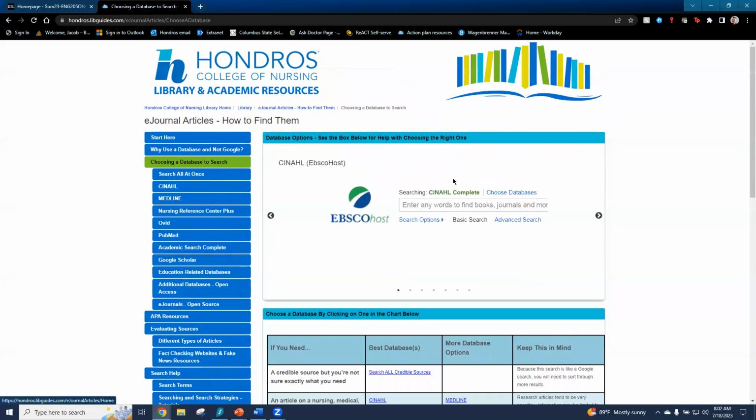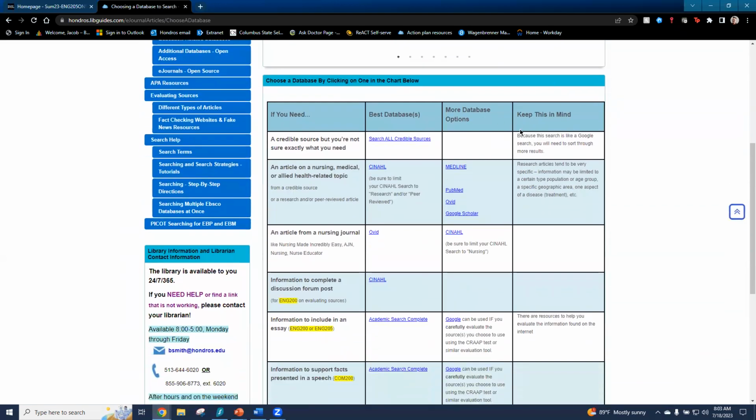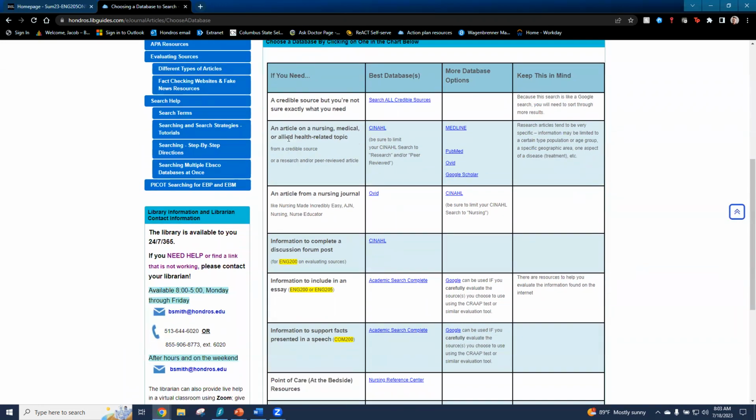And I'm going to click choosing a database to search, and we're going to have a helpful kind of like breakdown here. So like if you're looking for a credible source, but you're not sure exactly what you need, you can do search all credible sources. If you're looking for an article on nursing, medical, or allied health-related topics, CINAHL or Medline are going to be your main ones.